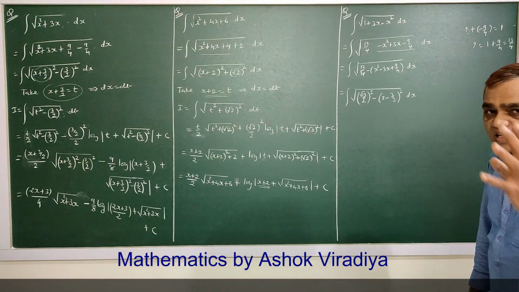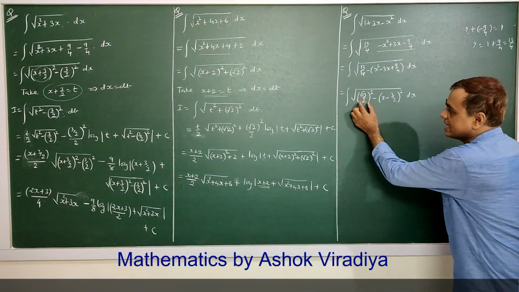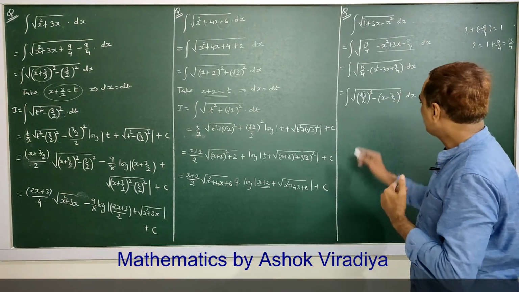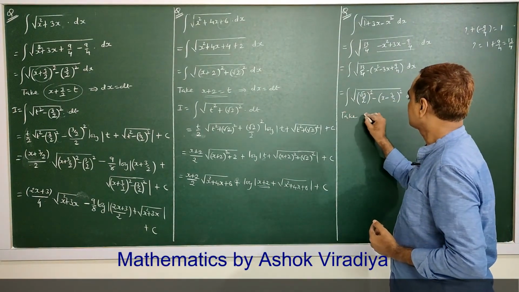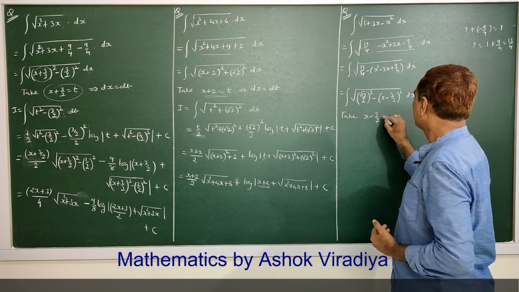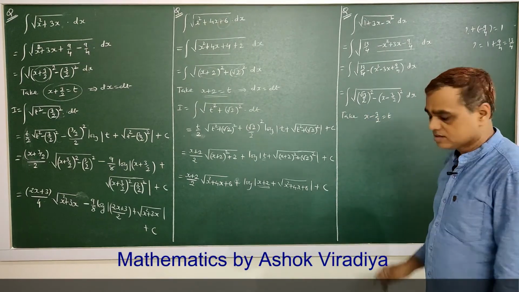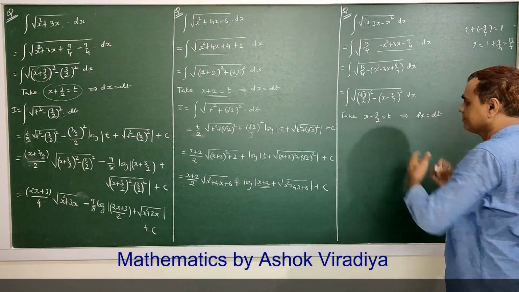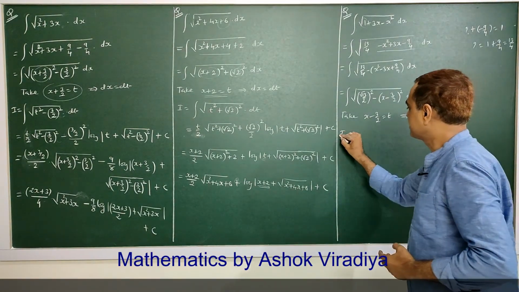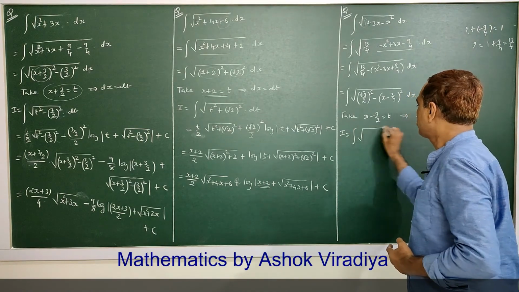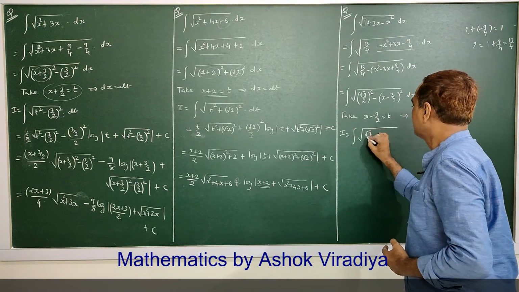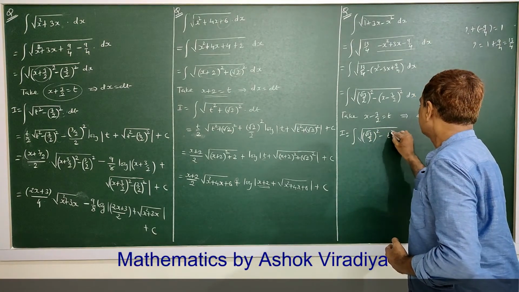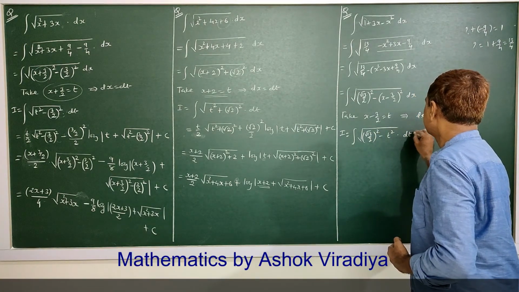Now you can see that here we are getting the root a square minus x square pattern. So now we take x minus 3 by 2 equal to t. Therefore dx equal to dt. So the integral is square root of (root 13 by 2) whole square minus t square, and dx is dt.